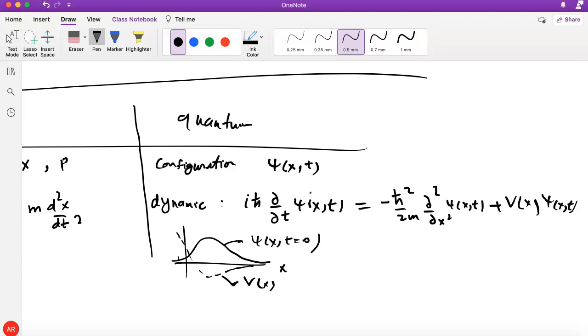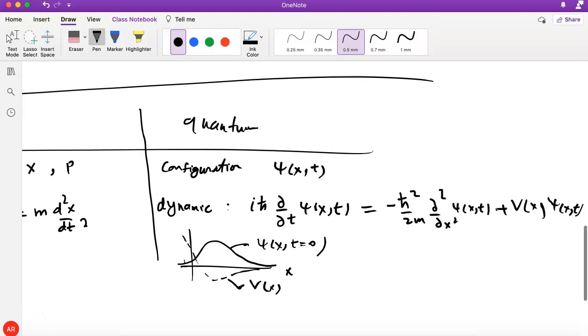And the things that determine how it's changing are, first, how curved it is. The curvature of the wave function is related to the kinetic energy, so the more curvature you have, the more it changes. Also the potential tells you about how it's changing.